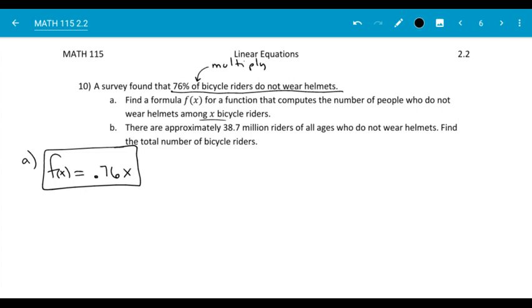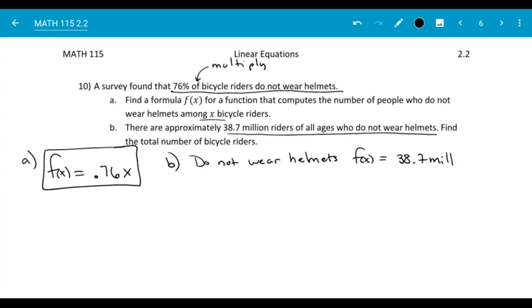Of means multiply. In part B, it tells us that there are approximately 38.7 million riders who do not wear helmets. The number who do not wear helmets is our f of x. So what we're saying here is our f of x equals 38.7 million.